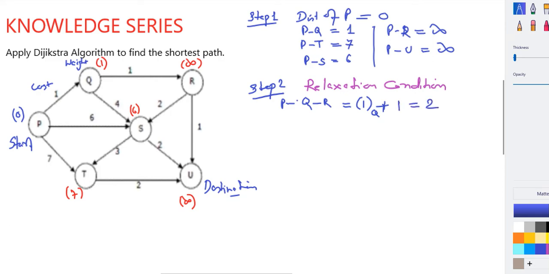So that shows the weight at R is equal to 2.